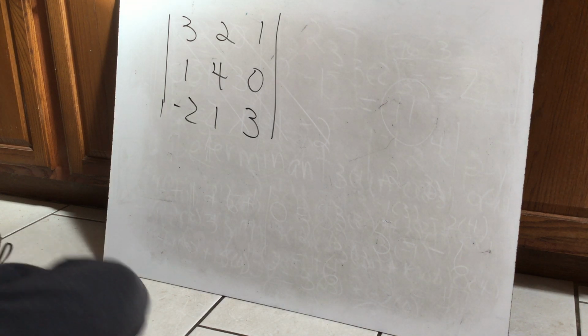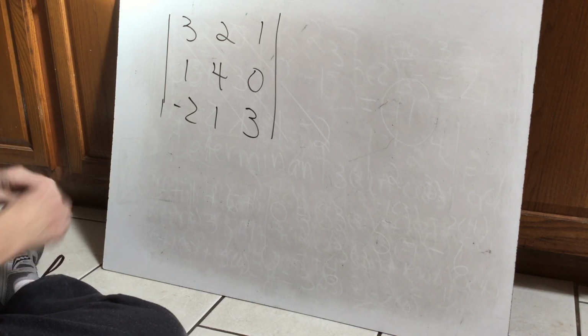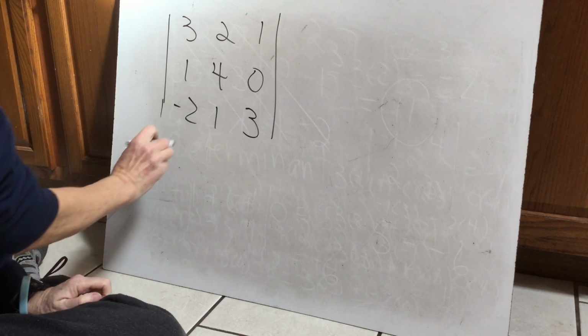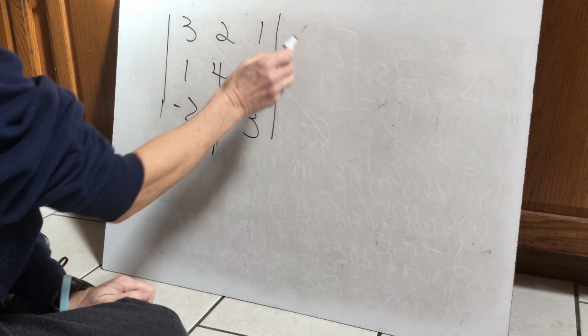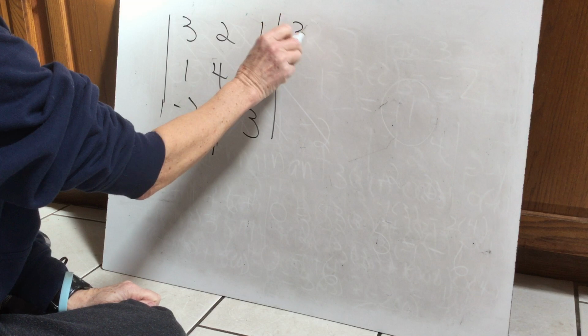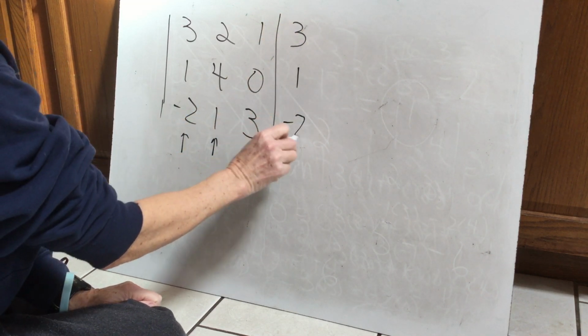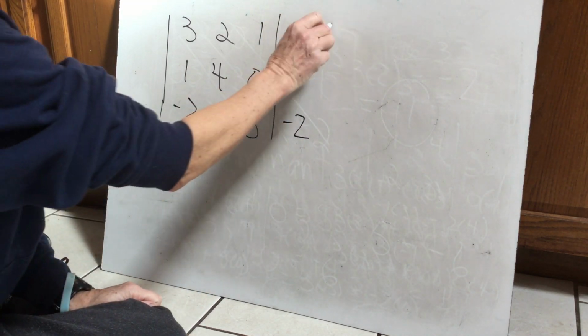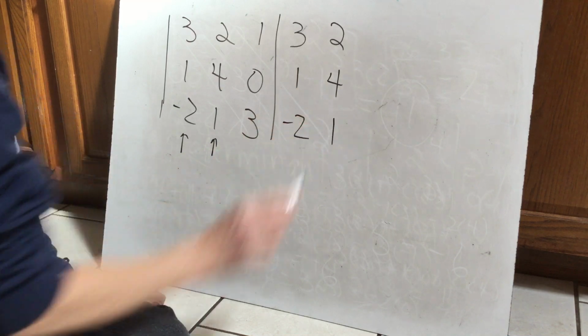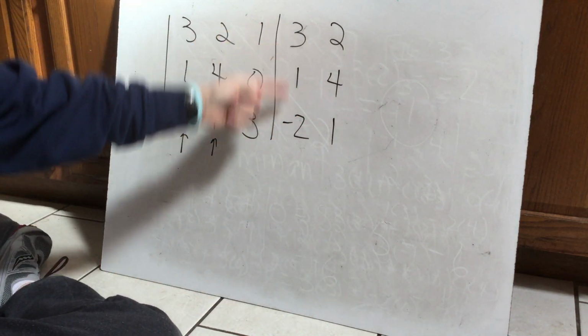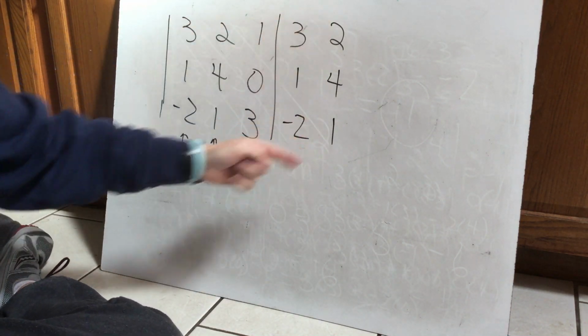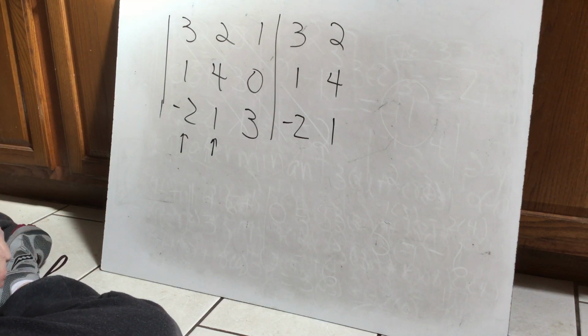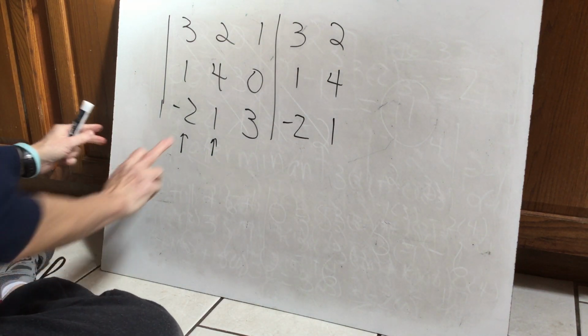What's the first step? Well, the first step is to recopy these two columns right here. So recopy them exactly. So 3, 1, -2, and then 2, 4, 1. Recopy them. Just the first two.